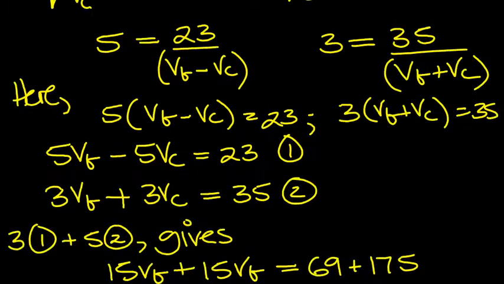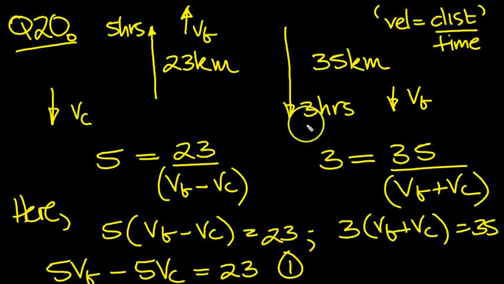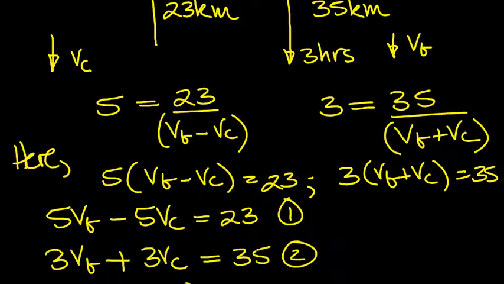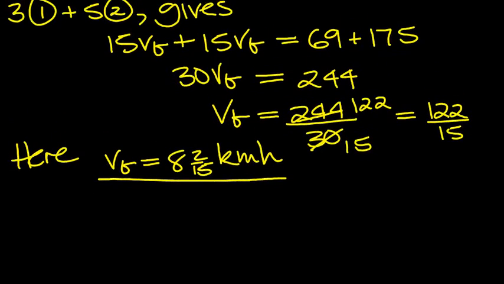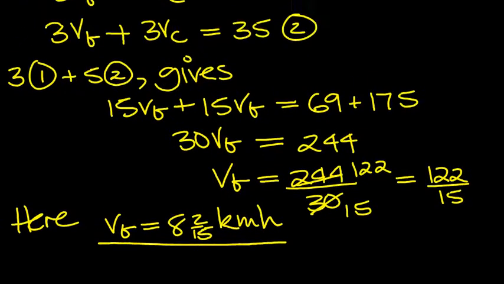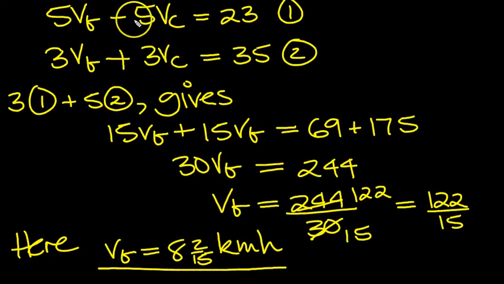Or were we asked for the current as well? Let's just pop back up to the top of the question. Find the speed of the boat and the current. So we need VC in the question. Let's just get that from this equation. 5 VC is 5 VB minus 23.